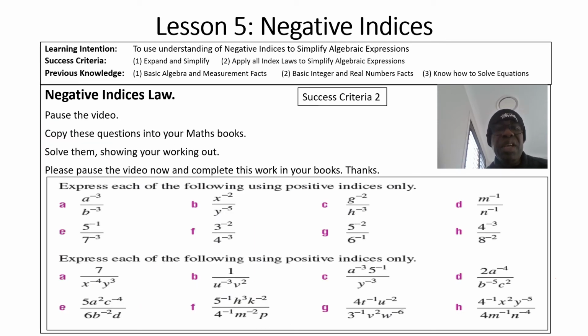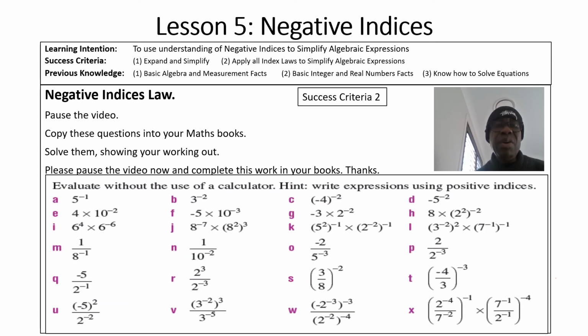You can pause here, write all the questions down in your math books, solve these questions showing your working out, and apply all the laws that we have learned to date. Apply all of them.